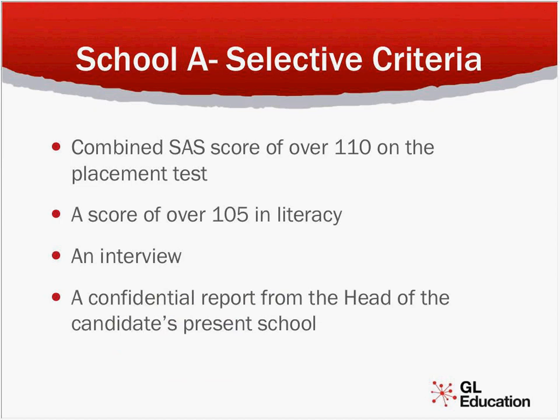A couple of examples of this. This is one example. School A uses the score as a selective criterion. So it's a selective intake, and the criterion at this school is a combined standardised score of over 110 on the placement test. So that is the criterion for this school. No right or wrong.